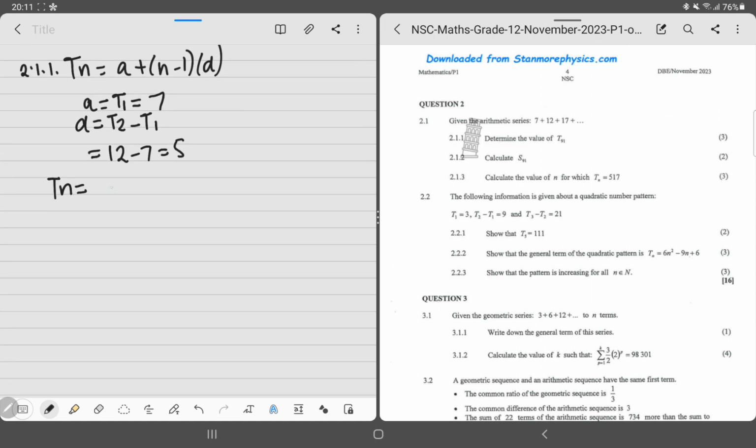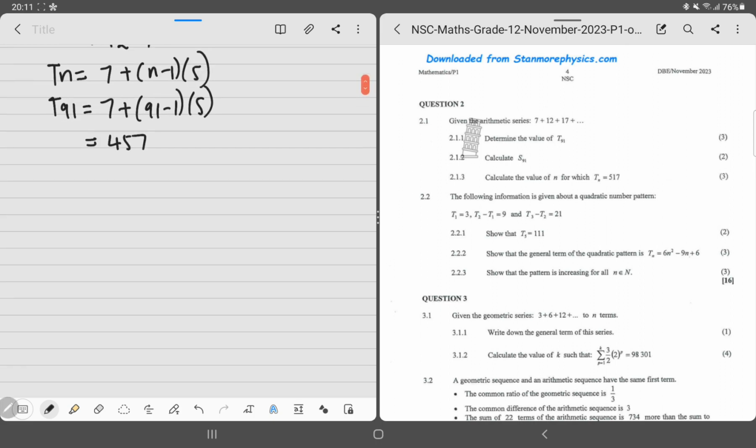So Tn should be given by 7 plus (n minus 1) times 5. In order to find T91, we just substitute the value of n. So I'm getting 457.